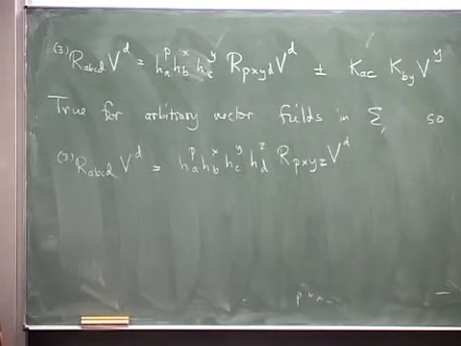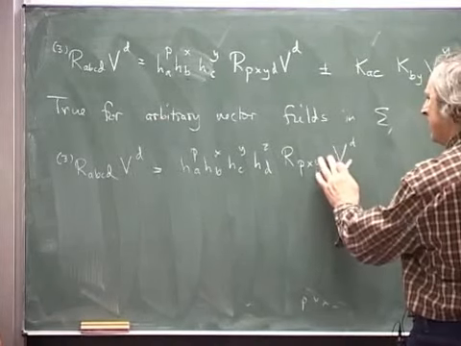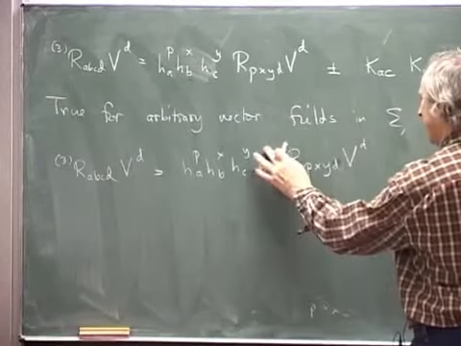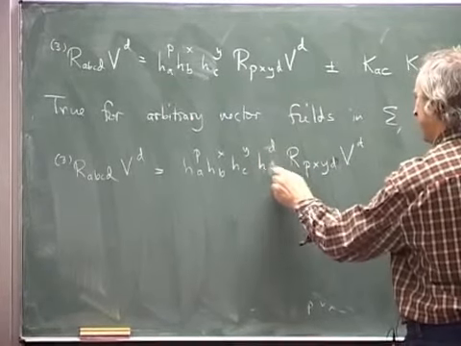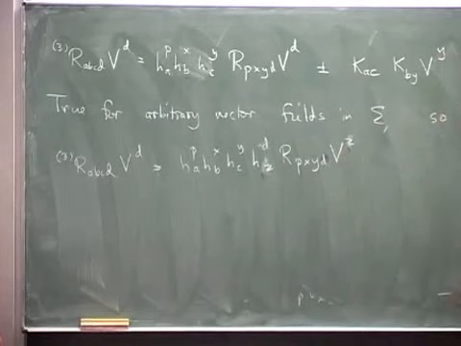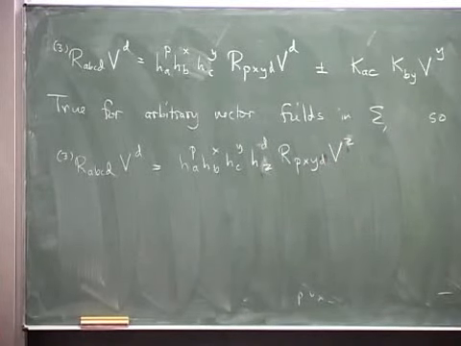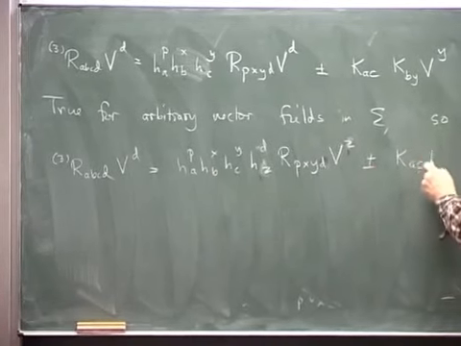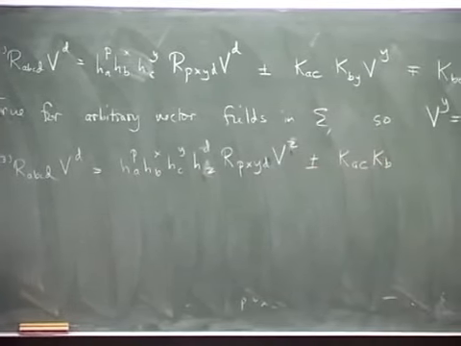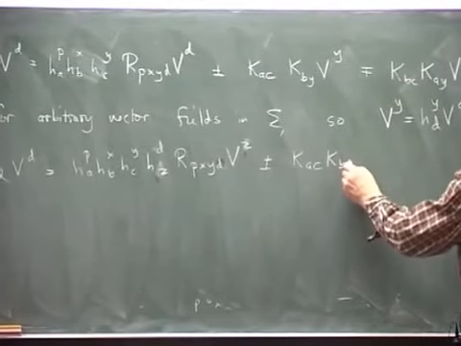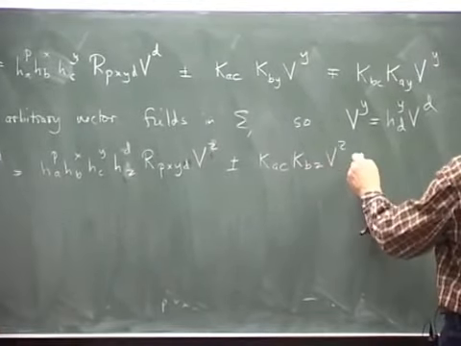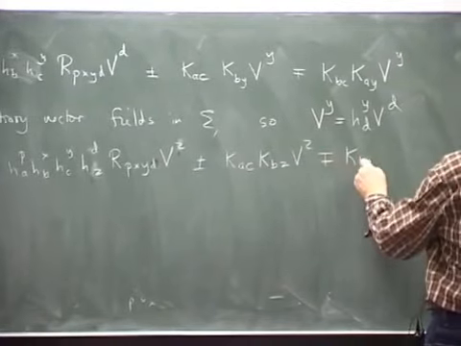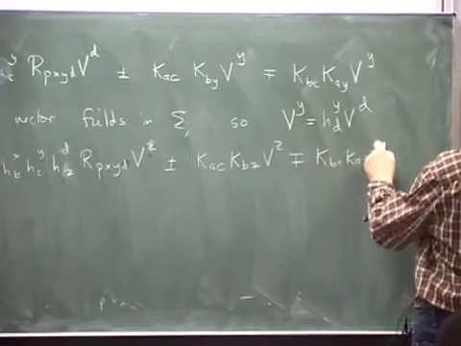So all I have, let me see. What I've written is correct, but not exactly what I really wanted to write. That's what I wanted to write. Plus or minus the same thing as K_ac K_bz, let's leave it like this, v^z. Or plus K_bc K_az v^z.